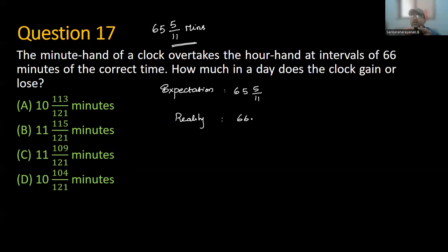You can see that the clock is taking more time here. If somebody is taking more time, what does that mean? The person is losing the time, right? So we can see that the clock is taking more time to show successive coincidences. We can see that the clock as such is losing time.